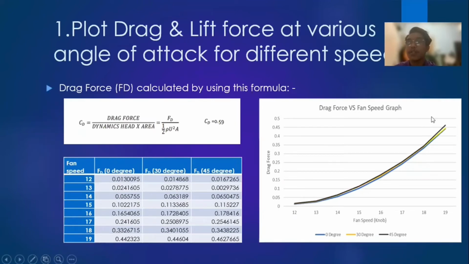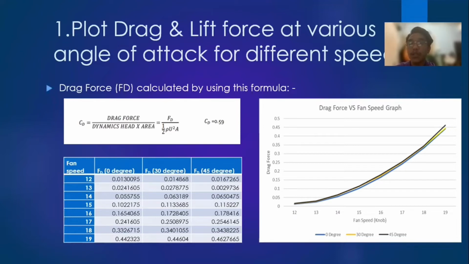For the first one, plot drag and lift force at various angles of attack for different speeds. Our group just conducted the experiment and got the data, and for the calculation we use the formula to get the FD.